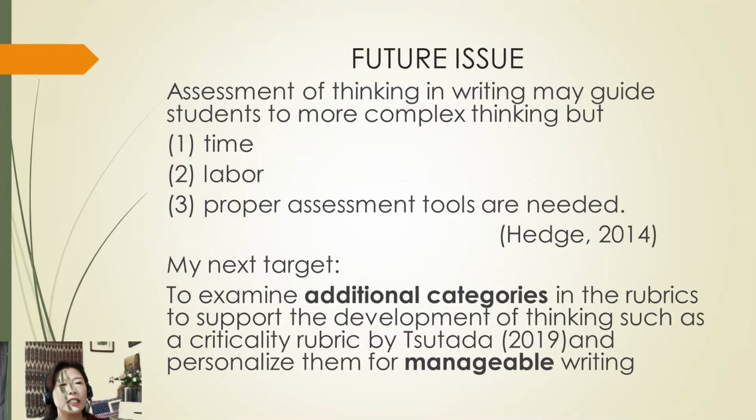The future issue is, according to Hedge, that assessment of thinking in writing may guide students to more complex thinking, but time, labor, and proper assessment tools are needed. So my next target would be to examine additional categories in the rubrics to support the development of thinking, such as the rubric by Tada, and then personalize them to manageable writing.